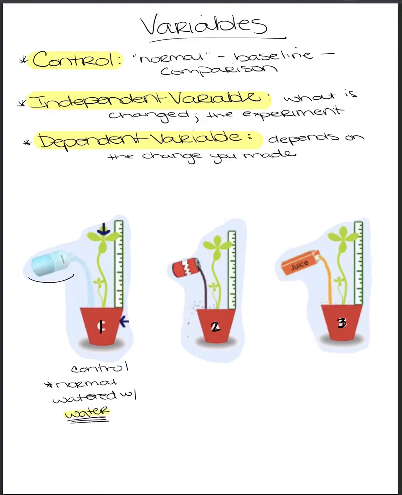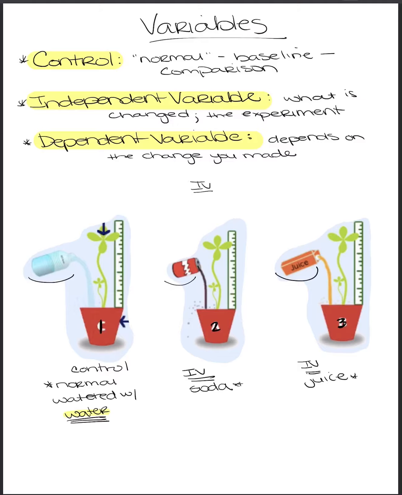So in pot number 2, we are using soda. So this is part of my independent variable. And then in pot 3, we're using juice. So if my control is water, my independent variable is going to be the type of liquid that I use.